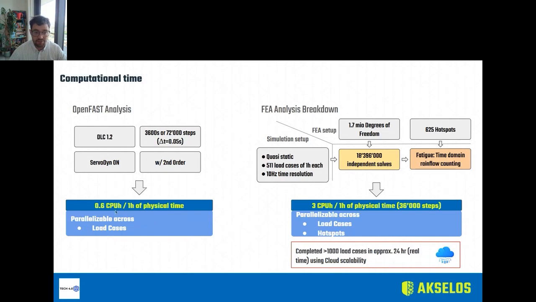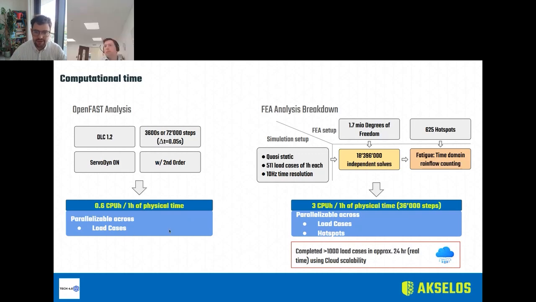So the OpenFAST case is parallelizable across the load cases, which is something that we've implemented already into the ILSA toolchain. And the same thing for the load cases for the fatigue analysis, as well as for the hotspots analysis, which are also parallelizable. And so what we know is that we've been able to complete 1,000 load cases in approximately 24 hours, just for the fatigue side of things.